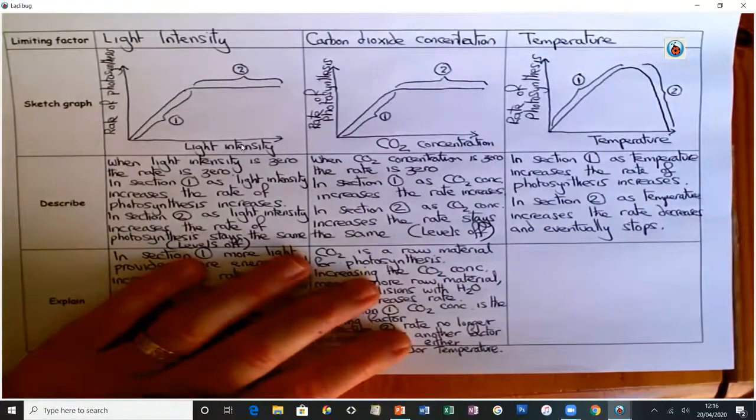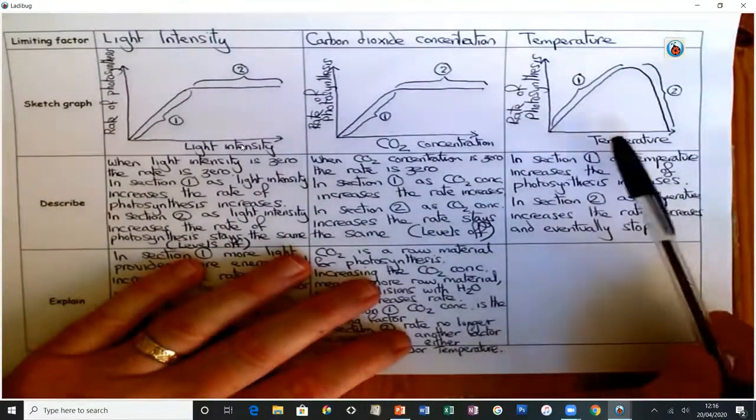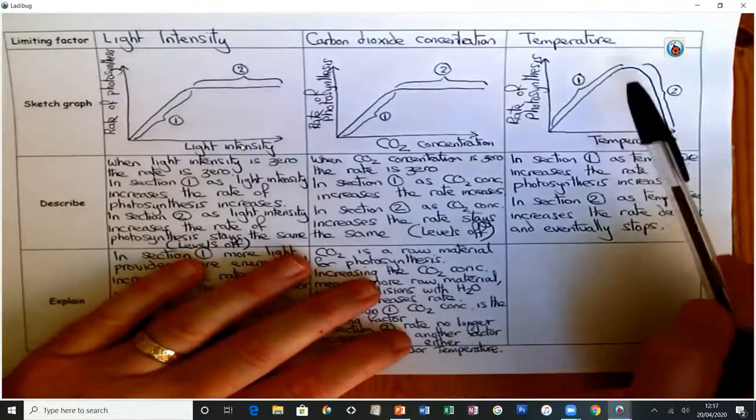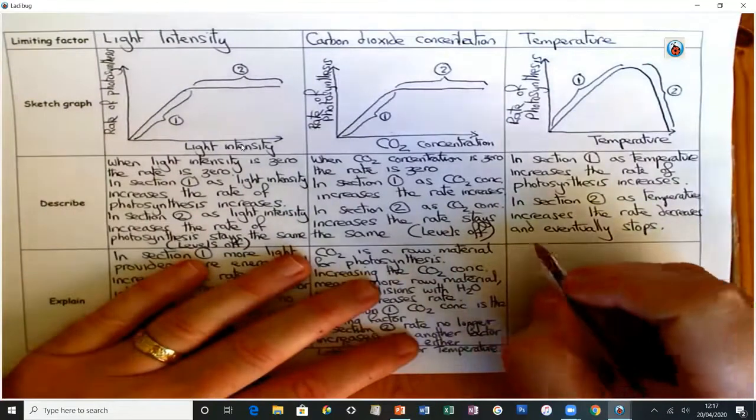The explanation then. So if we look at section 1, increasing the temperature causes more collisions between the reactants. Okay, so let's write that down first of all.